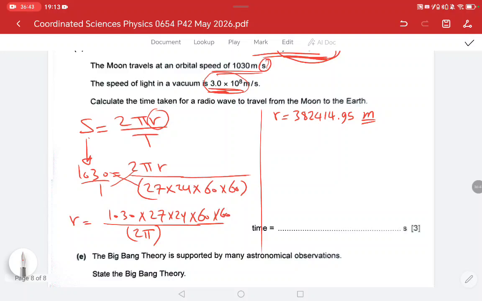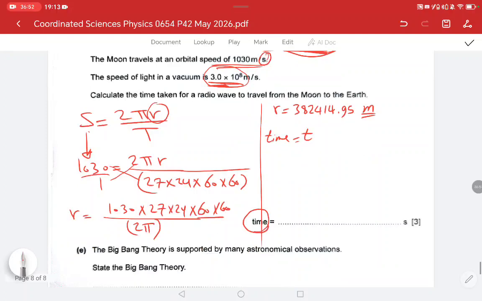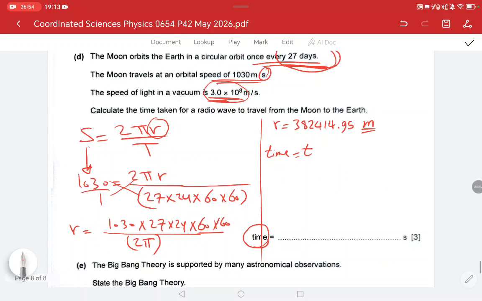So if I want to find the time, here is time, t small. We are not talking about the 27 days, the capital T, the periodic time. No, we need to find t, and t should be the distance over speed. Do you remember that speed is distance over time, right?